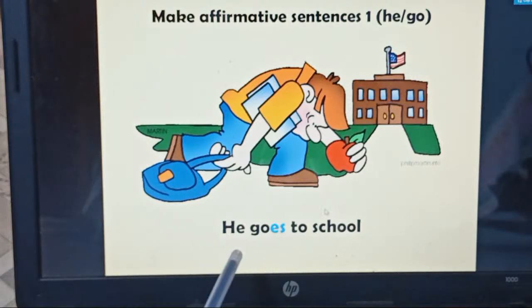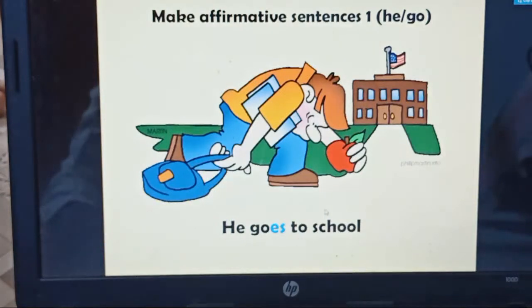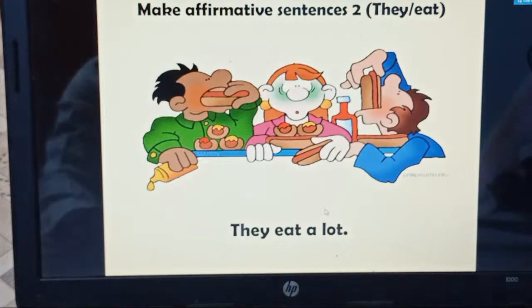In case the subject is they, we, you, then we go to school, they go to school, you go to school. But here, since subject is singular pronoun he, then you need to add ES to verb form. Let's look at next question.